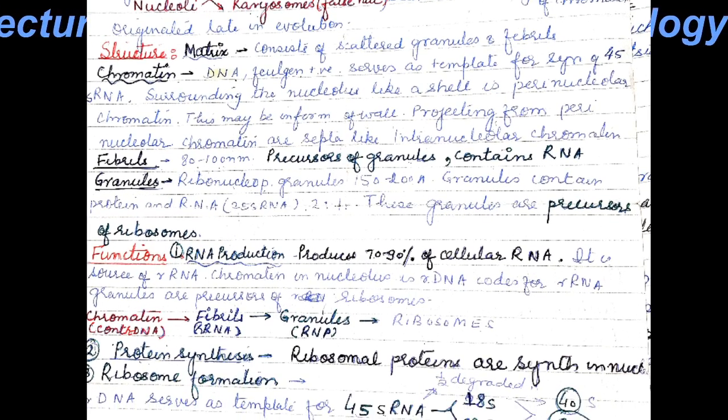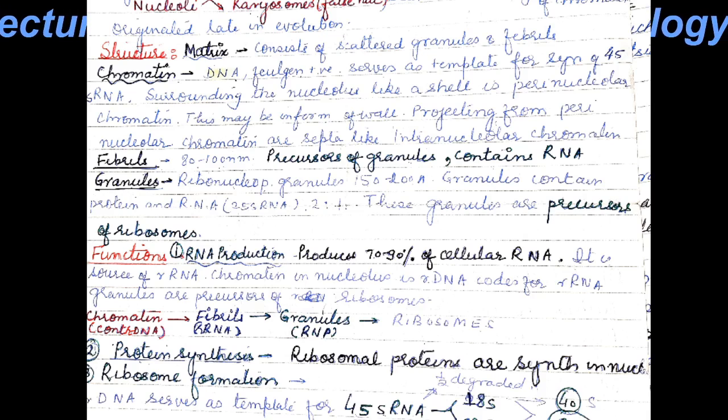Let us see the functions of the nucleolus. It is RNA production. As I have mentioned, it produces 70 to 90% of the cellular RNA, and it is the source of RNA. Chromatin in the nucleolus is nothing but DNA, which codes for RNA, and granules are actually the precursors of ribosomes.